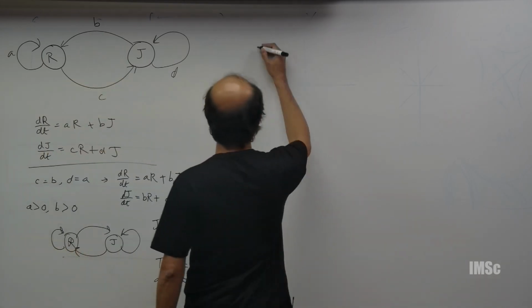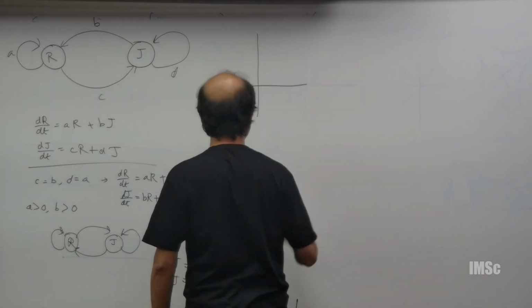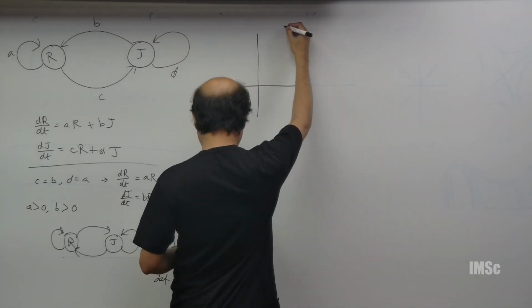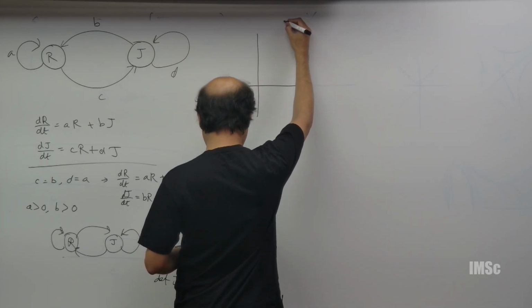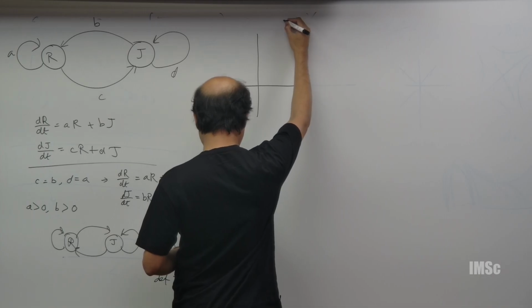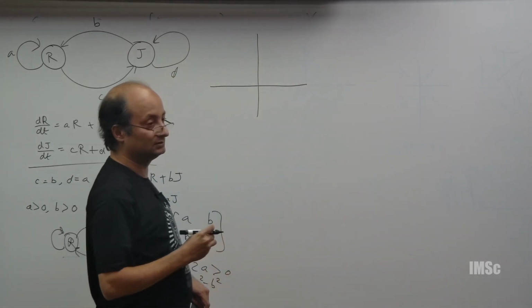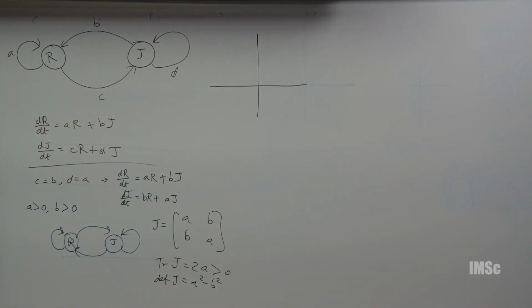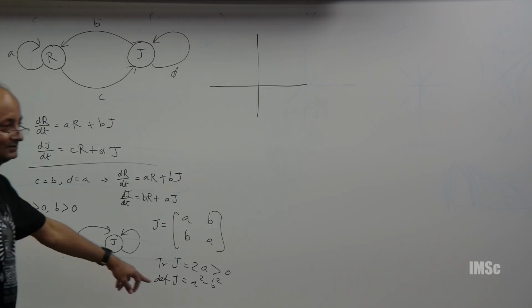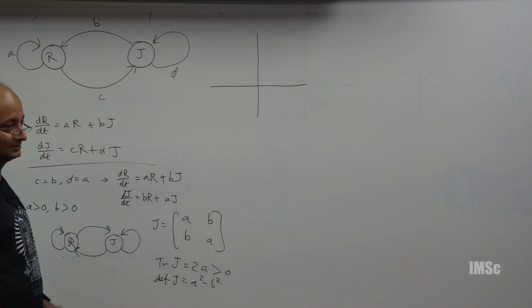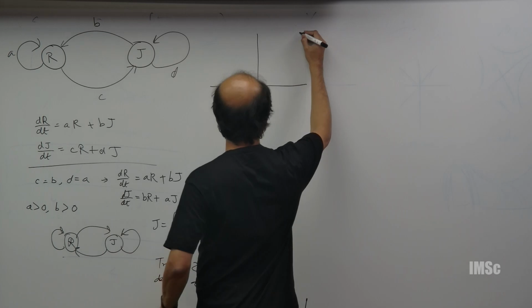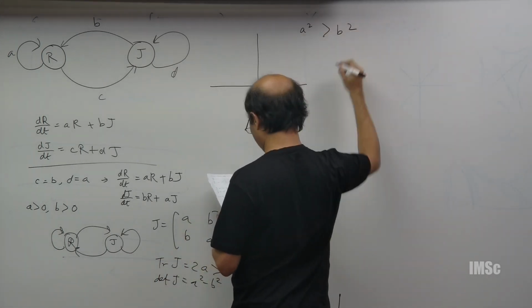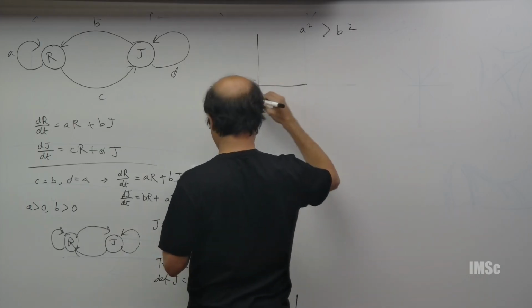So actually you can work out the eigenvectors also. But this can also be a spiral, right? No, it can't be a spiral. How can it be a spiral? There are no complex eigenvalues. Okay. So if A square is greater than B square, you can show that the eigenvectors are simply these.